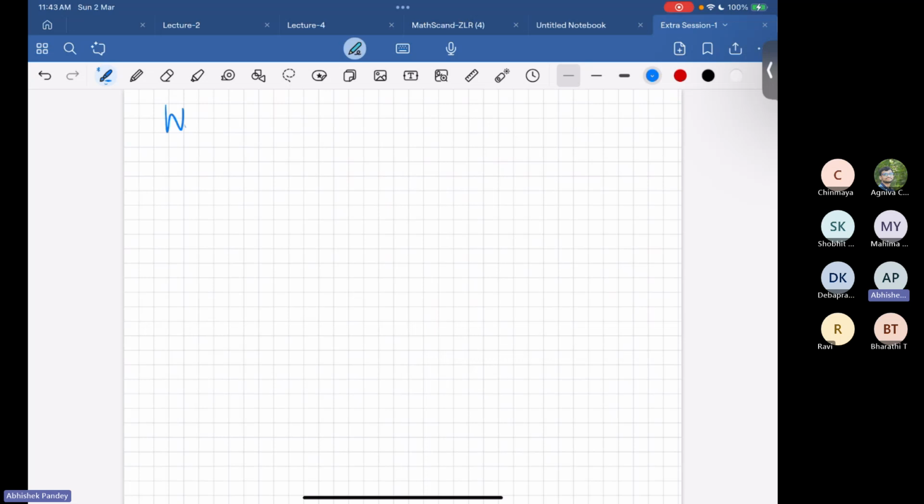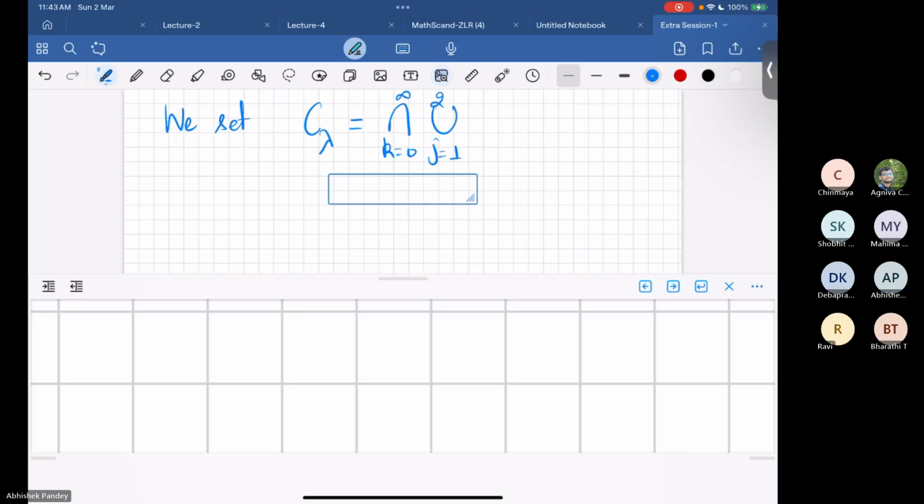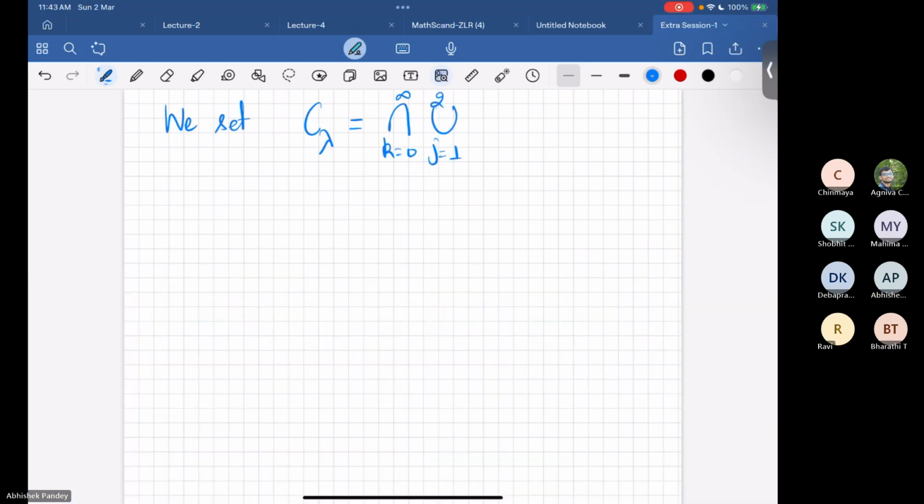We set C lambda, we define the C lambda as the intersection k equals to 0 to infinity and union 2 to the power k I k j.